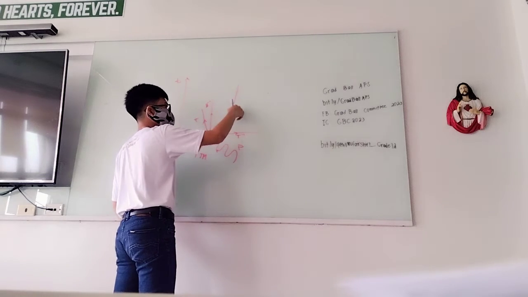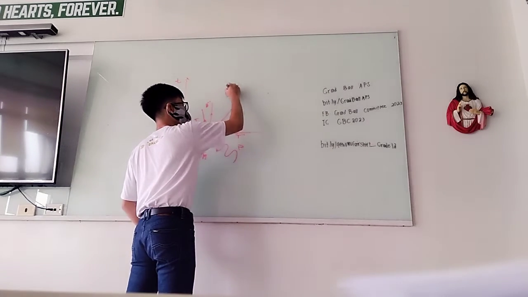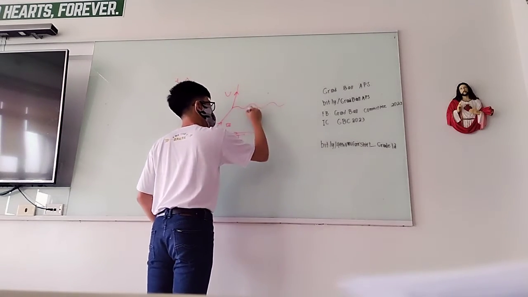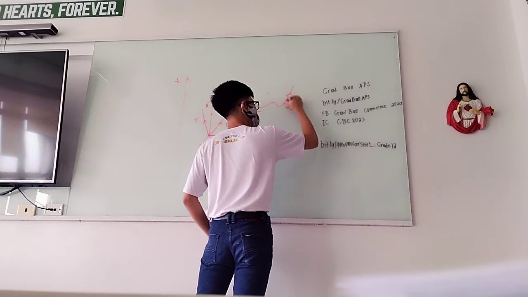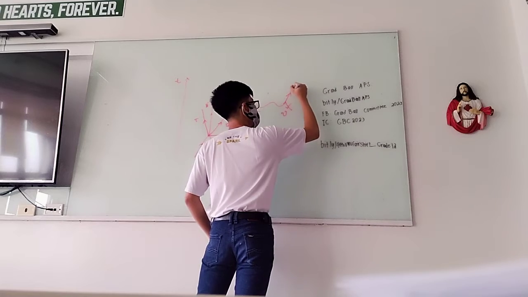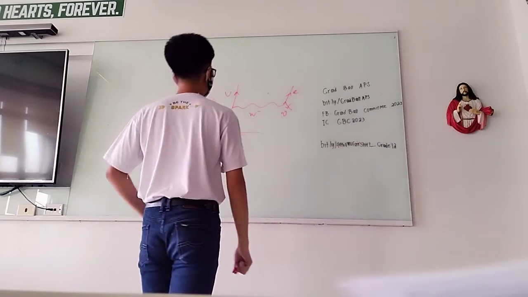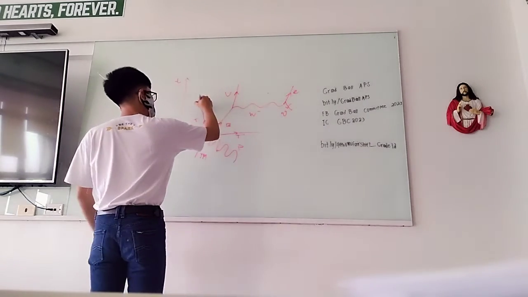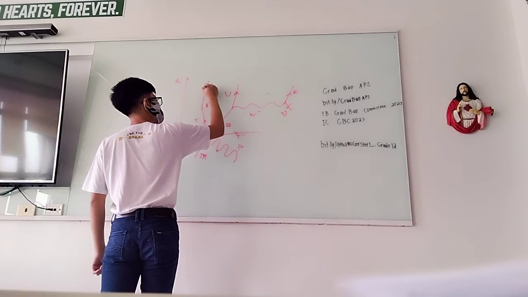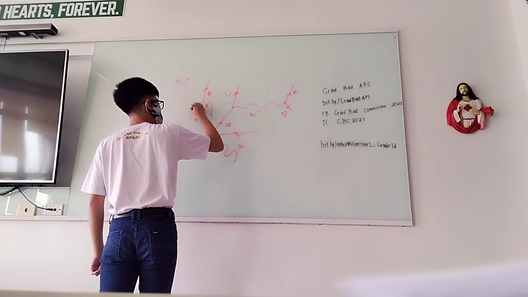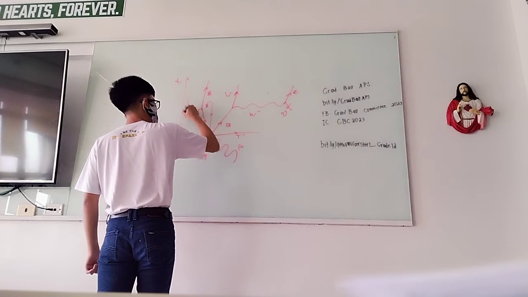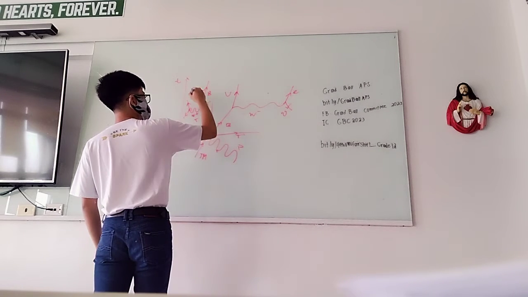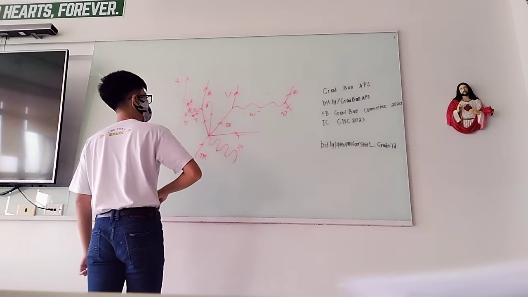So the bottom again decays into an up quark and then emits a W minus boson. The W minus boson becomes an electron and an electron neutrino. And then the top here decays into a bottom, and then emits a W plus boson, which also becomes an electron and an electron neutrino.